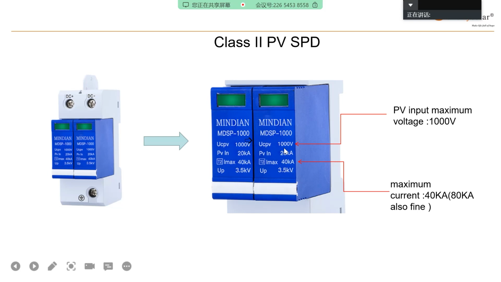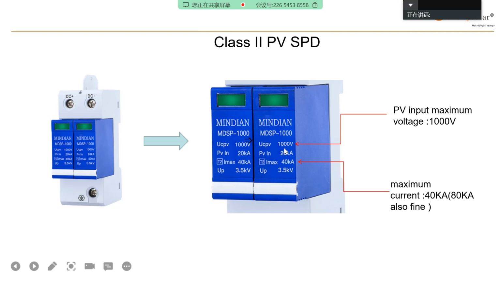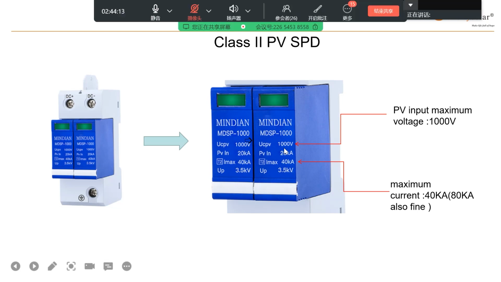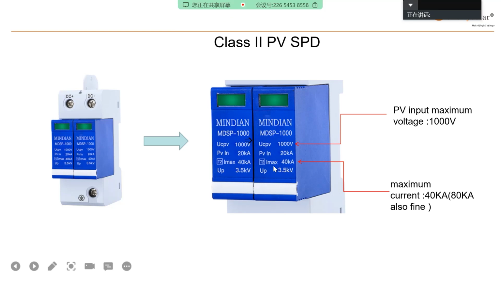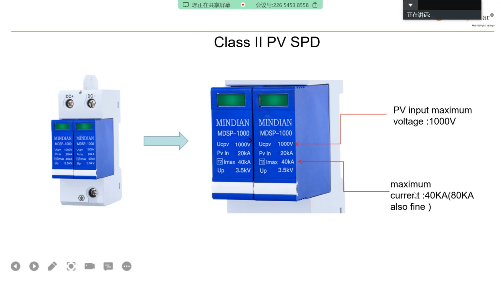So if you install the PV SPD, you need to pay attention to your string voltage. If your string voltage is high, like more than 500, then you need to choose the 1000. If less than 500, you can choose the 500 volt. And here is the protect amp, 40 kiloamps. The most common in the market is 40 or 80.